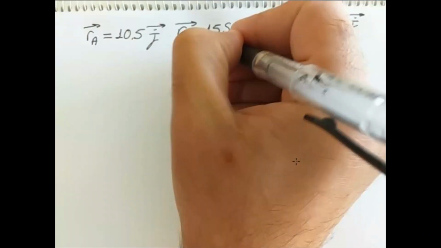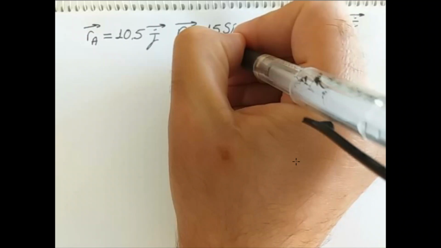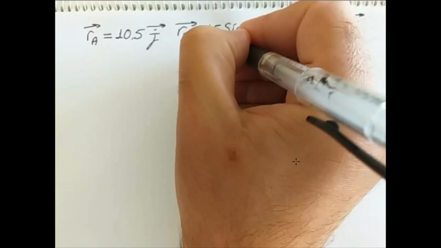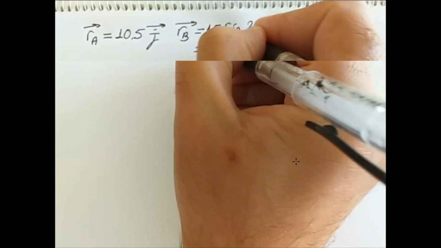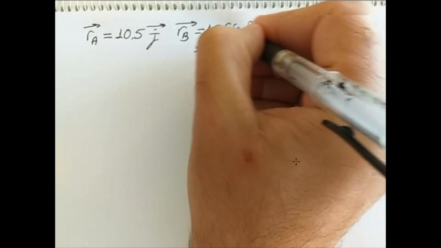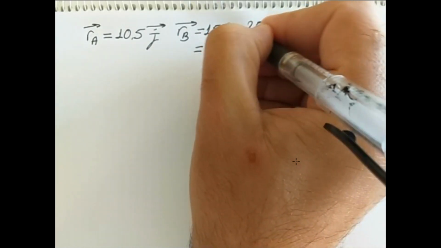So we can write this RB. So 15 times sine 20 gives us 5.13 I vector, and 15 times cosine 20 gives us 14.1 J vector.